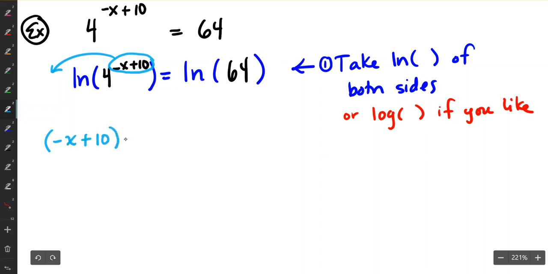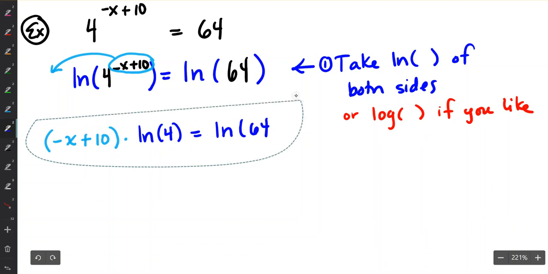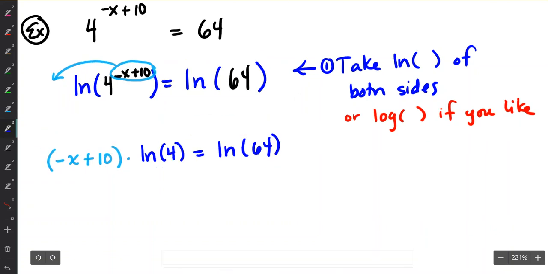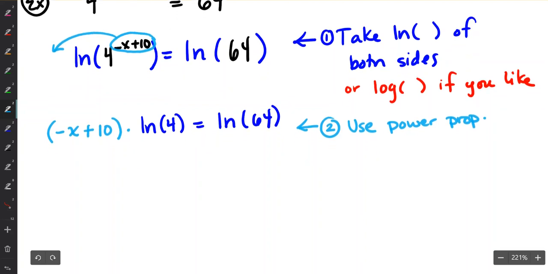That whole exponent times the ln of 4, and you can choose to write parentheses around here if you want, is equal to the ln of 64. Right? All right, so we just used our power property. And now it's just time to solve for x.